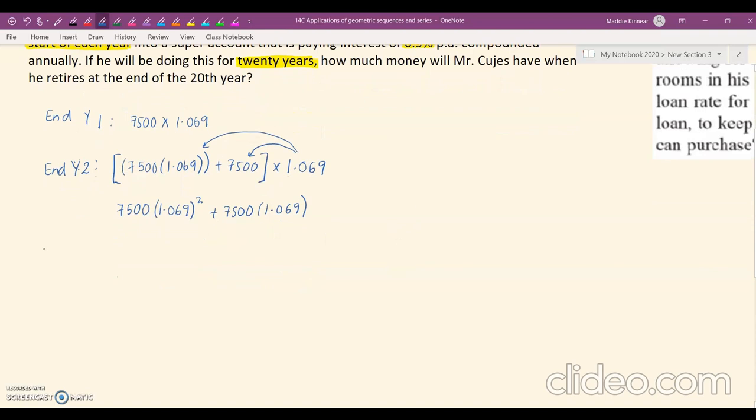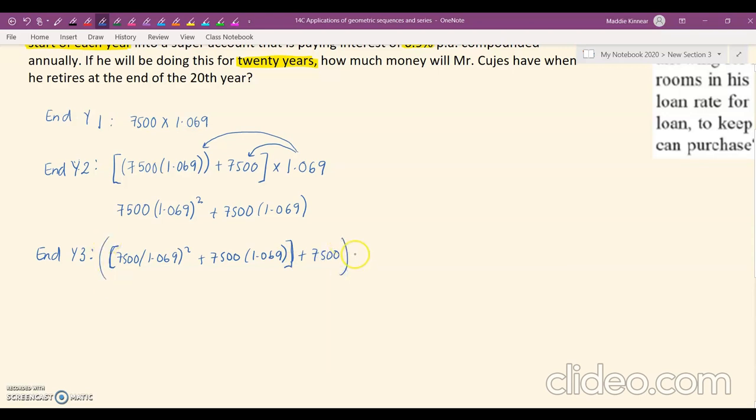At the end of year three, we are going to have the amount we had at the end of year two, so that's going to be our 7,500 times our 1.069 squared plus our 7,500 times our 1.069. And then we're going to add into that, so I might use square brackets here, an extra 7,500 at the start because we make a payment at the start of every year.